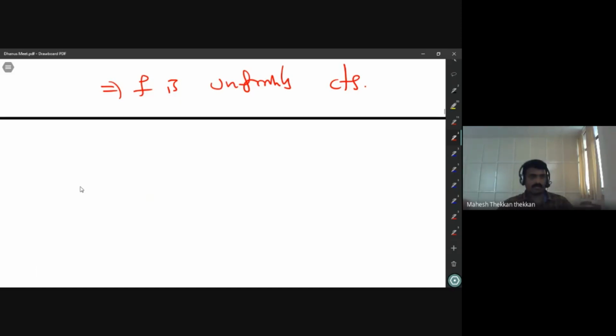Okay. Now I will give an example so that it is not uniformly continuous. This is just a generalization of the example you have learned in the single variable case. That is 1 by x on the open interval (0, 1); 1 by x is not uniformly continuous. So I will generalize that function for the two variable case.